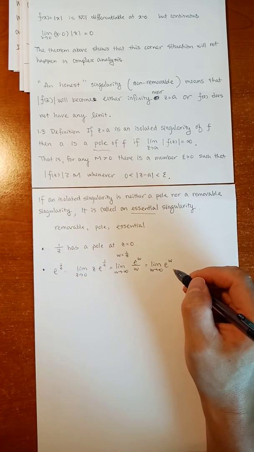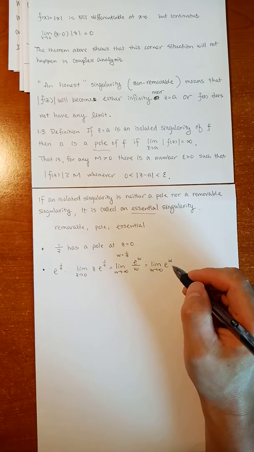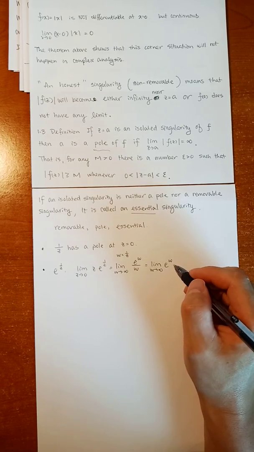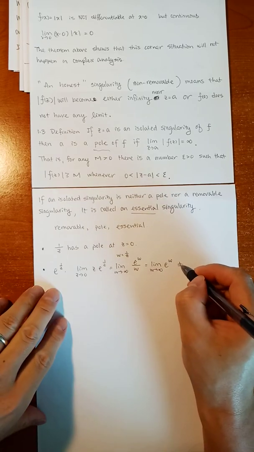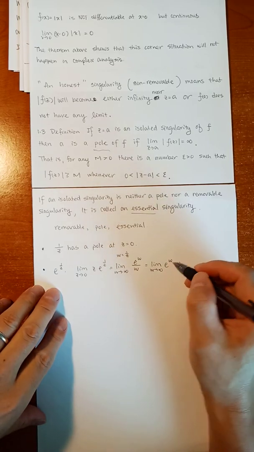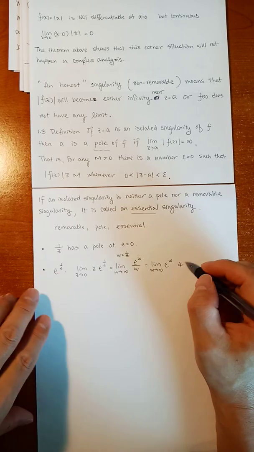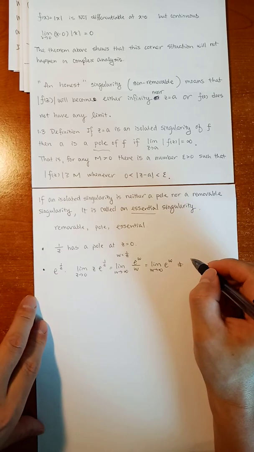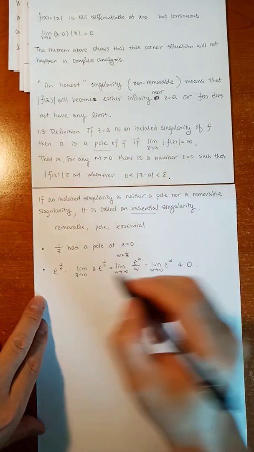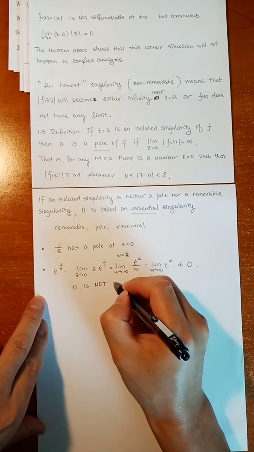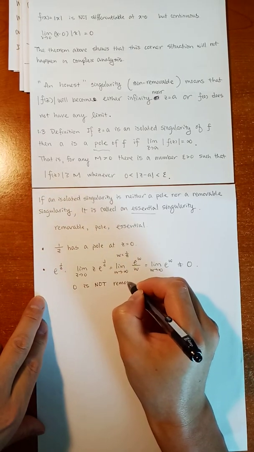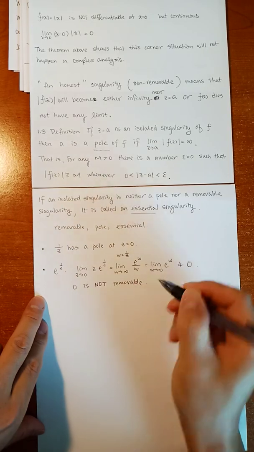Right? And clearly this one has no limit, so it's not equal to 0. For real numbers it's 0, but here it has no limit. So 0 is not removable.